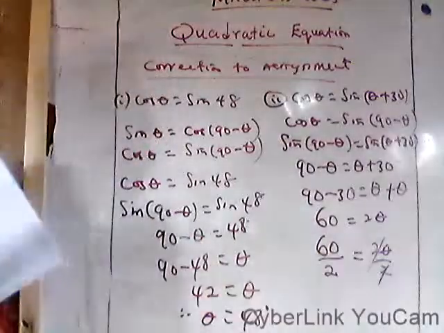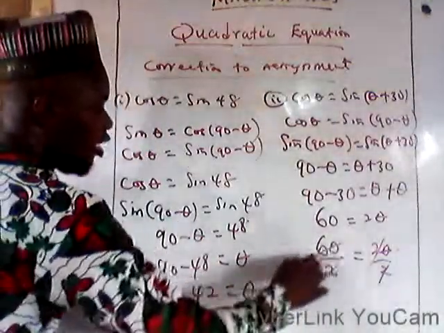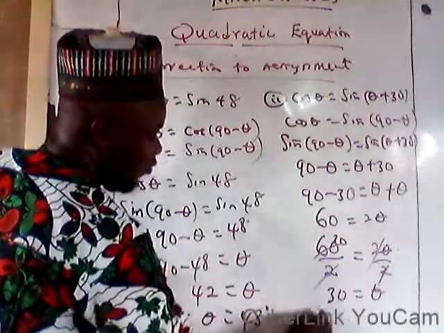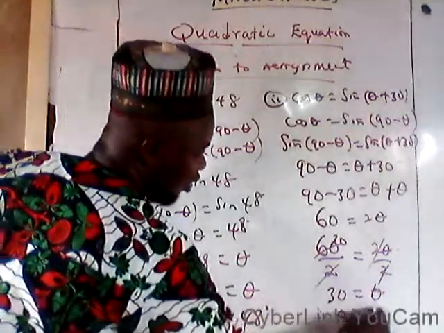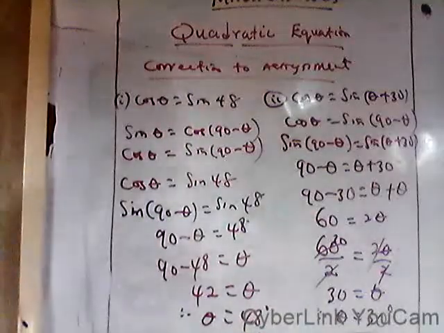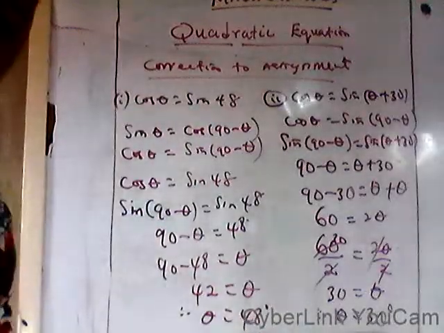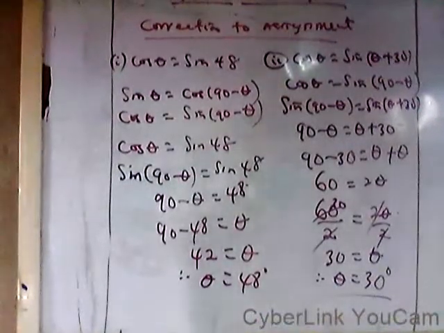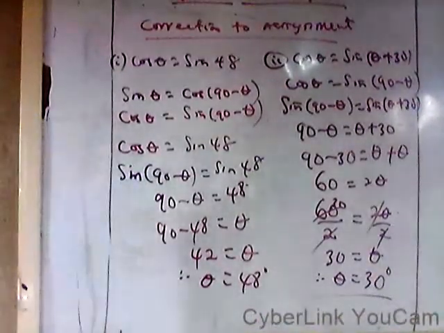This one we cancel this, alright? 2 here 1, 2 here 30. So you have 30 equals theta. Therefore, theta equals 30 degrees. That is what you are going to get for the second one, and that is the solution to the assignment.